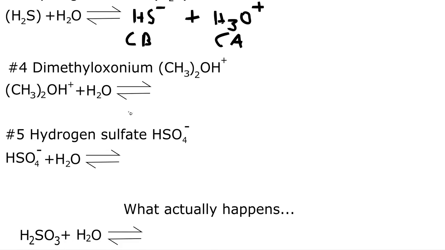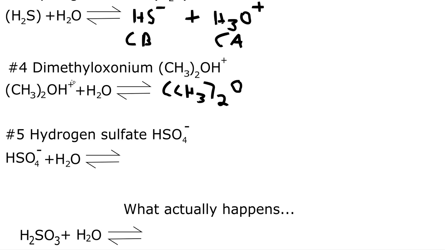Okay, now this compound right here, we have (CH3)2OH positive. Well, which one are we going to donate? We will be donating this H right here. So when we do that, we'll still have (CH3)2O. However, we lost that H, or that proton.